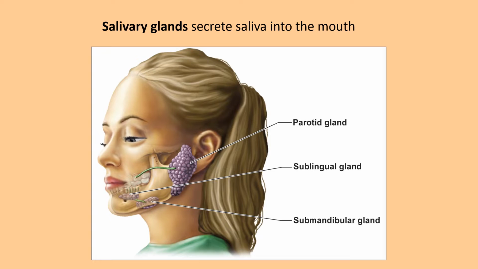And then there are sublingual glands that are just underneath your tongue. And all 3 of these salivary glands produce the various components of saliva. And saliva is a watery solution. It's a body fluid. And we spoke about salivary amylase as the enzyme that begins chemical digestion of carbohydrates in the mouth.